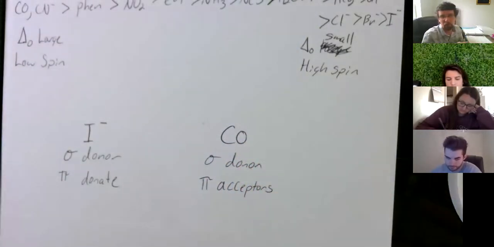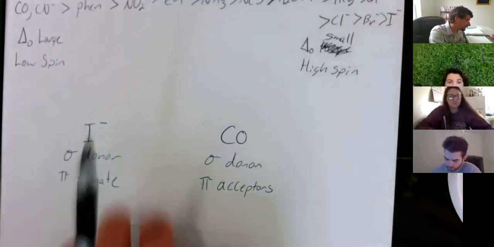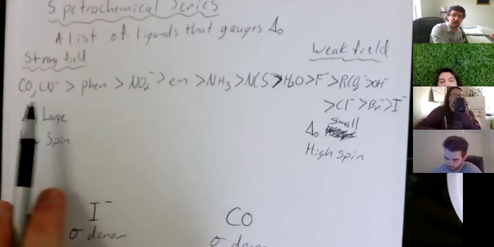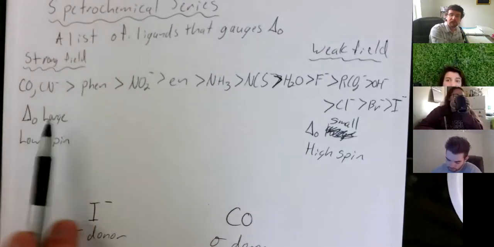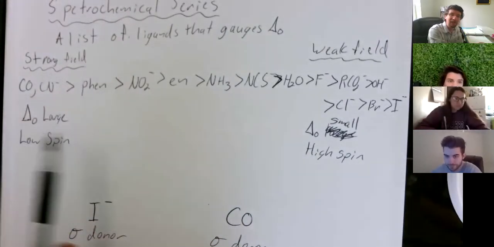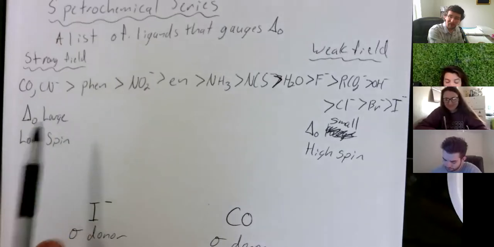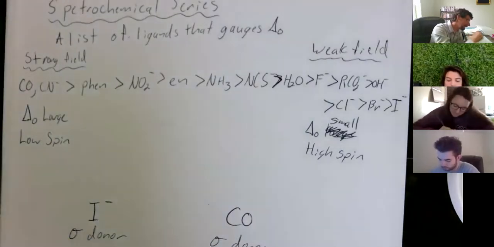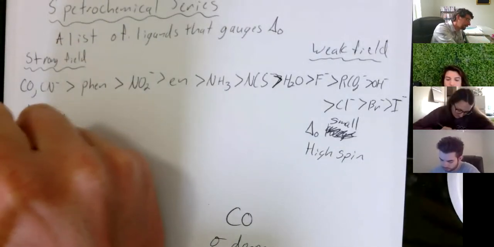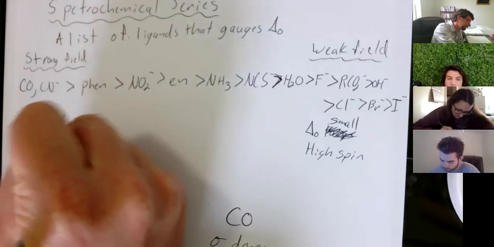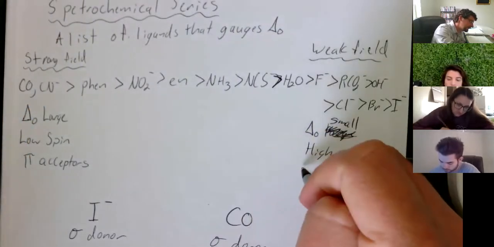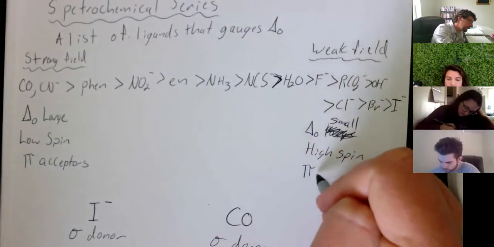Well, it's more the carbon monoxide as a whole that accepts electrons that way. So these low spin cases, with large octahedral field splitting, tend to be pi acceptors. Whereas those for the weak field tend to be pi donors.